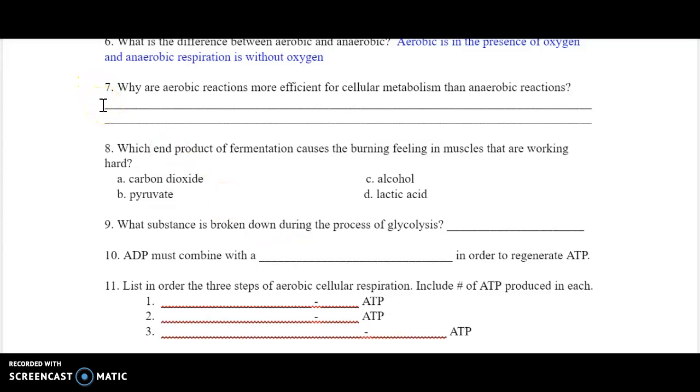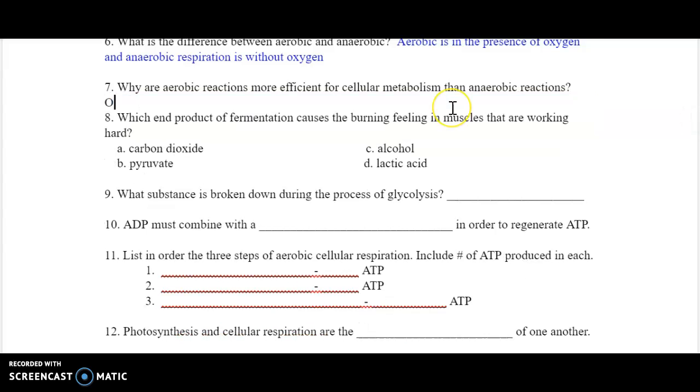That's because it allows the cell to go through the entire cellular respiration process to efficiently break down the glucose.